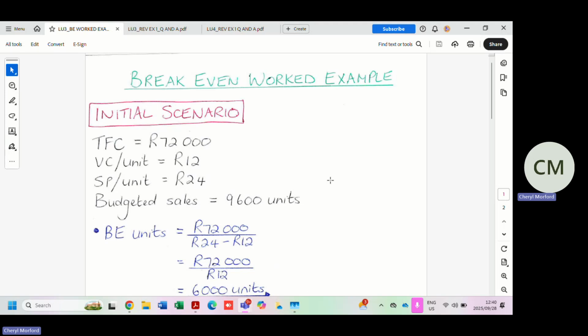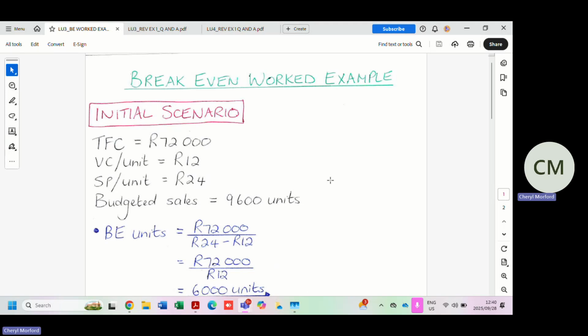You should remember from Financial Management 2A, because you did break even there. But we're just going to add a few little twists and turns, tweak it here and tweak it there. But I'm sure you should find this section quite nice and quite simple, actually. So let's have a look here.